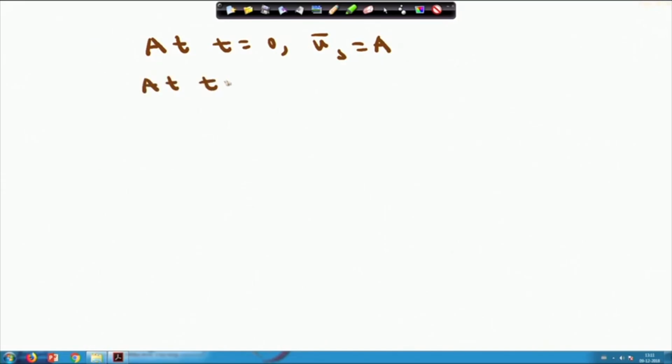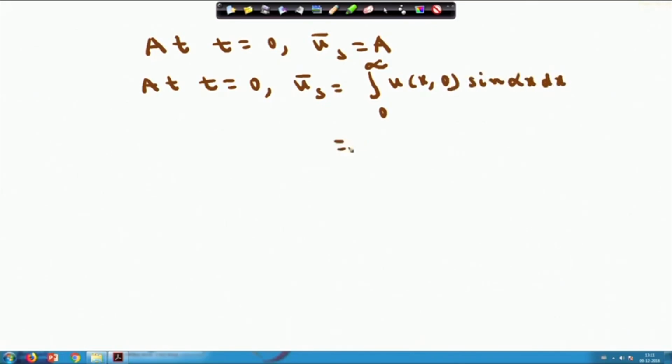Let us see what happens at t equals 0. What is your u bar s from definition? U bar s, you can write down integral 0 to infinity u x 0 into sine of alpha x dx, and this root over 2 by pi, I have omitted because again I will use this.